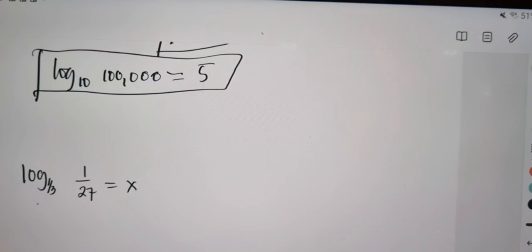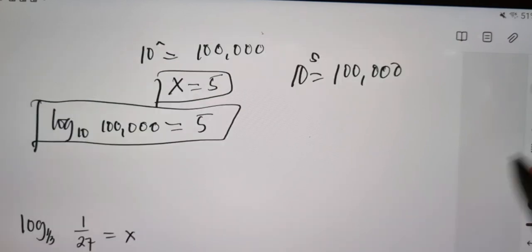Again, log base 1/3 of 1 over 27 is equal to x. So it means the base is 1/3. What would be the exponent that the answer is 1 over 27?